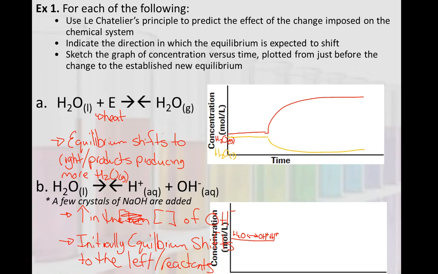It's going to go down. The amount of water would decrease. If you're looking at the amount of hydroxide, if this was my OH, my OH would increase. And this would be the water, or the hydrogen or hydronium ion.